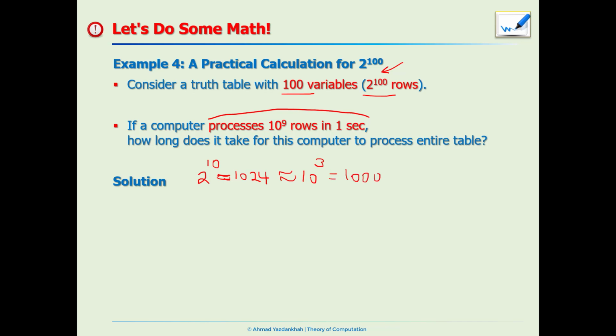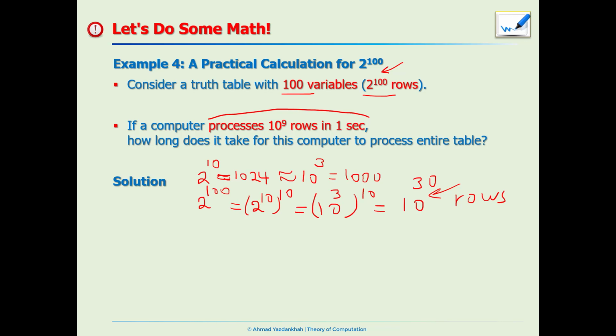Then 2 to the 100, we can write it like this, approximate 2 to the 10 with 10 to the 3, and it will be equal to 10 to the 30. So we have this many rows.